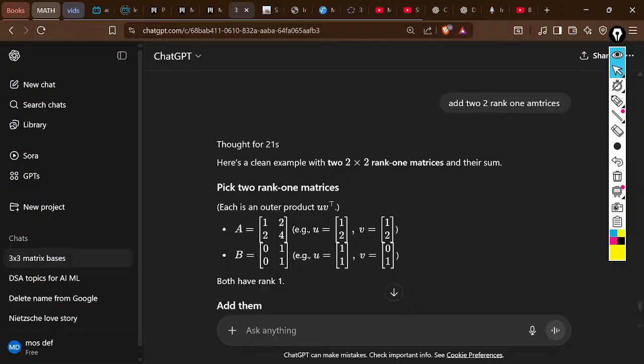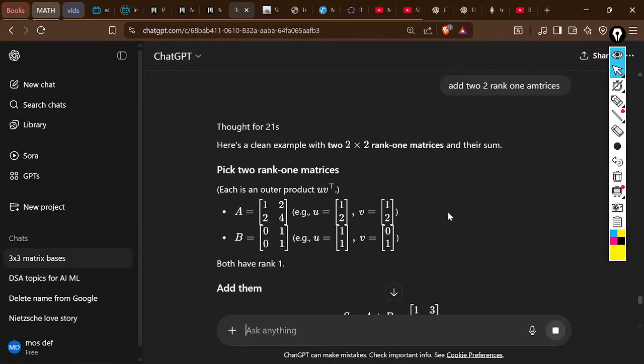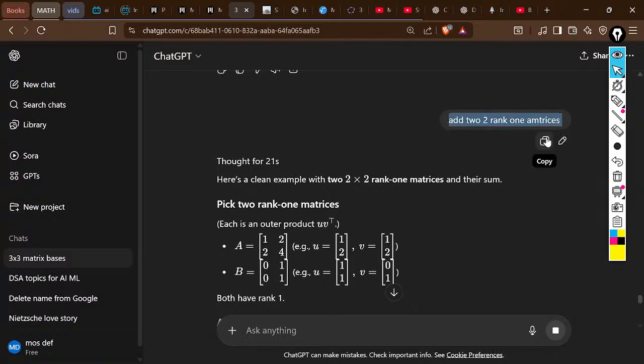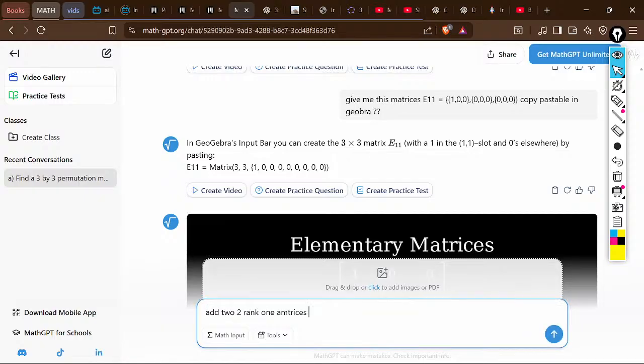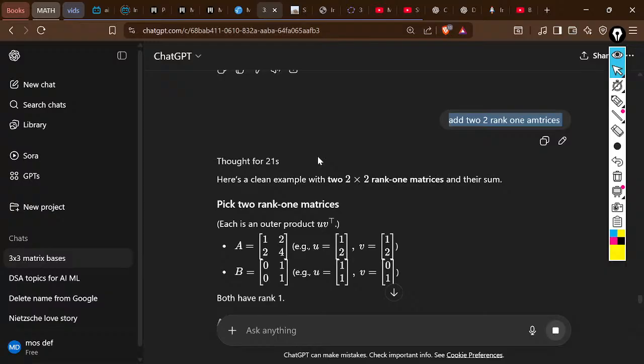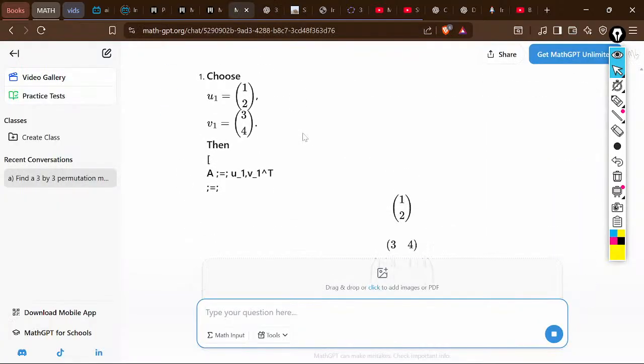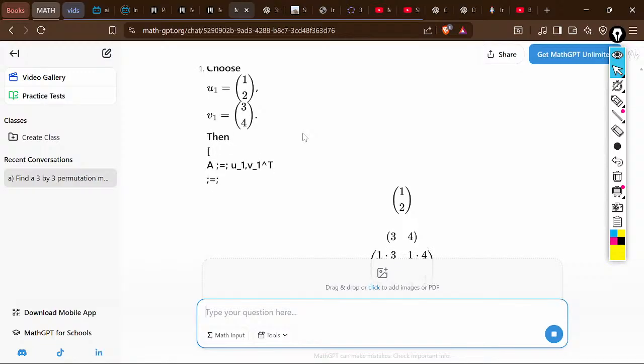What the fuck are you talking about? How is that rank 1?